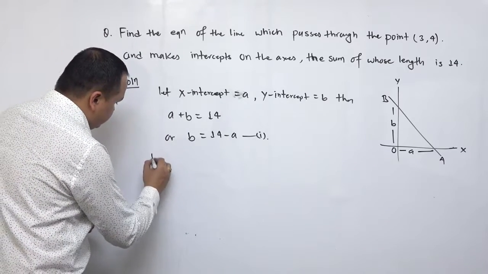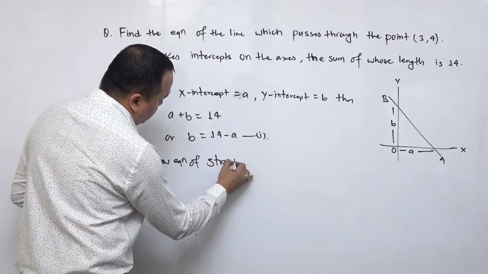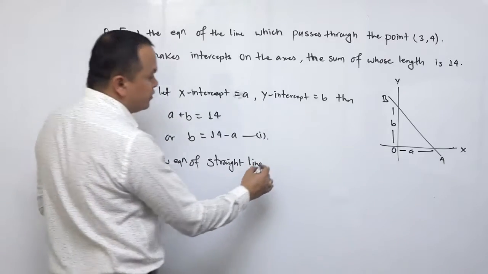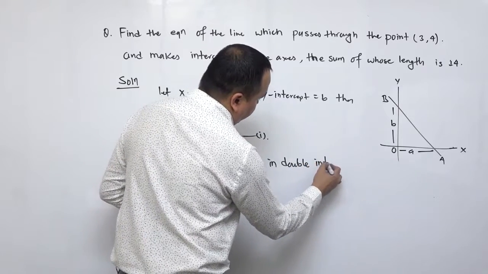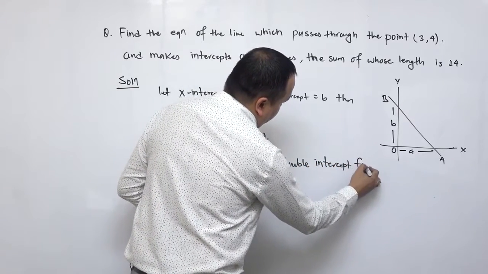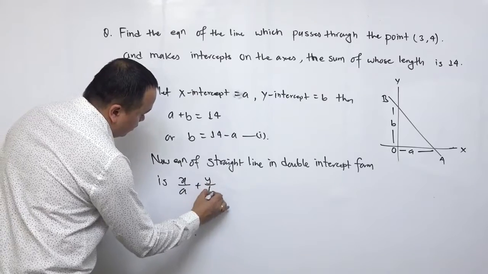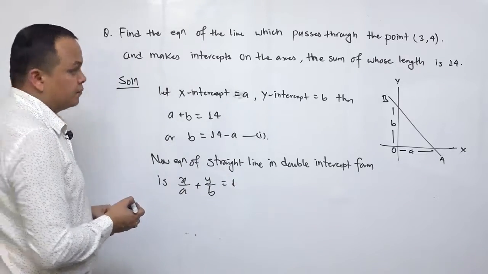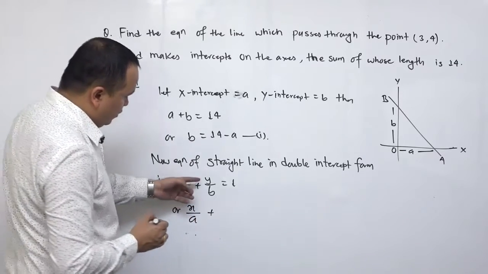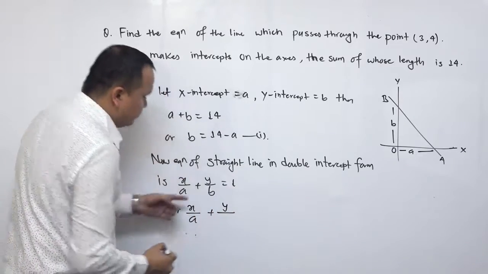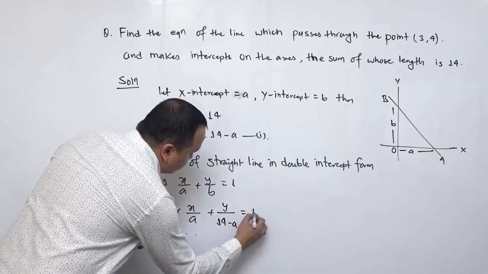Now the equation of a straight line in double intercept form is x by A plus y by B is 1. We have B is equal to 14 minus A, so x by A plus y upon 14 minus A is equal to 1.